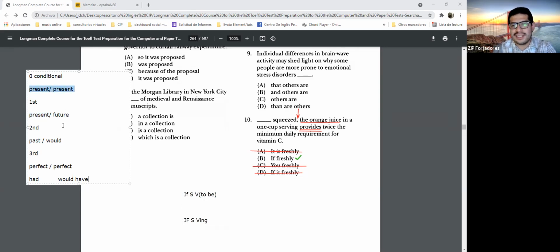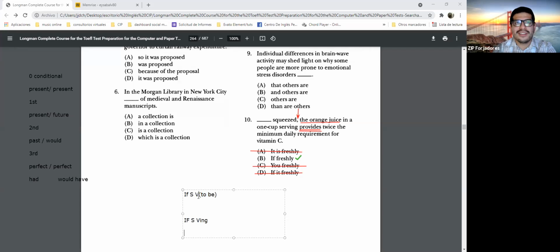So that means that it is the zero conditional. And it is reduced because we don't have a subject, right? So the only option is this one: if, subject and verb to be, in present. So the complete one is "if it is."